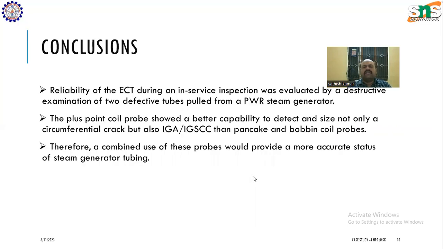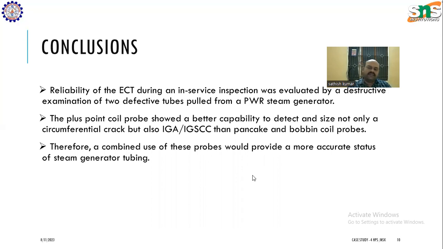The reliability of eddy current testing during an in-service inspection was evaluated by destructive evaluation of 2 defective tubes pulled from a PWR steam generator. The plus point coil probe showed a better capability to detect and size not only a circumferential crack but also intragranular crack. Therefore, combined use of these probes would provide a more accurate status of steam generator tubing.